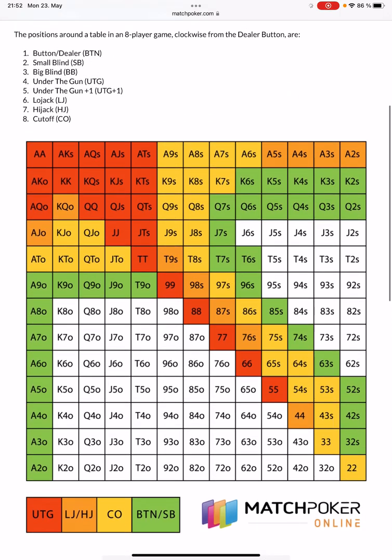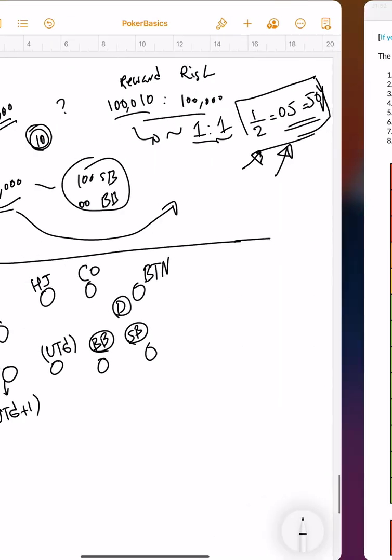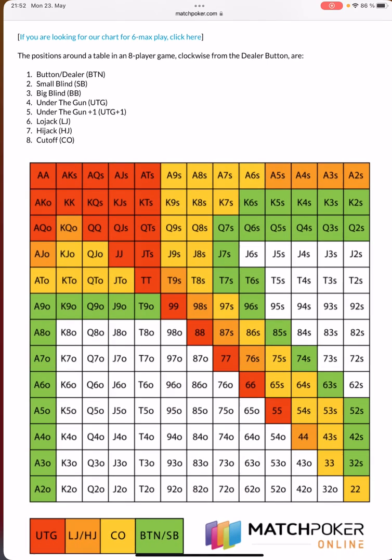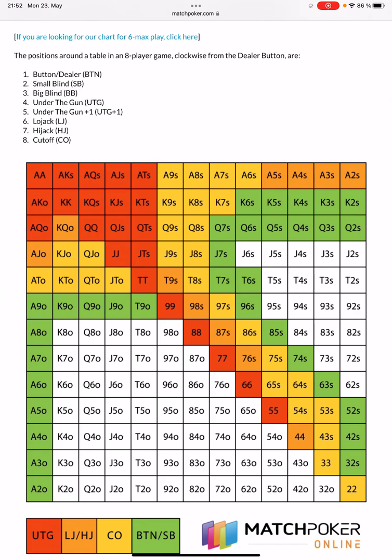Okay, so you see that Under the Gun is playing very tightly, and these are the dark orange regions. Then we have lojack and hijack, which have a nicer position. They already see the decisions of these two people, so they have a little bit of freedom.